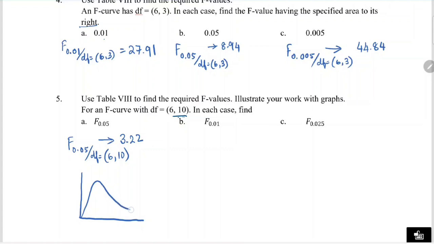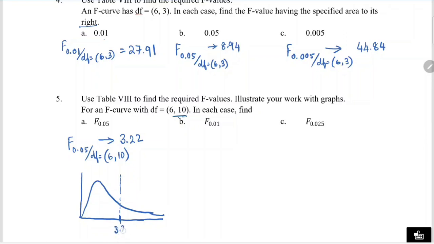Now if we are to illustrate this with a graph, remember an F curve is a right skewed curve, and the area will always be to the right because of the way the notation is given to us. So I'm going to write 3.22 is the area, right? 3.22 will be somewhere. Let's just mark it here.